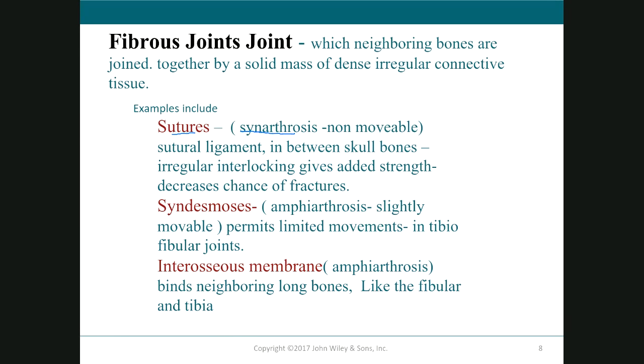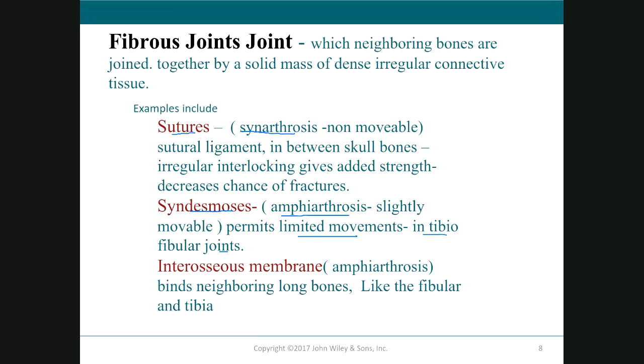The second one would be the syndesmosis. These are amphiarthritic joints, and they permit a small amount of movement. For example, in that tibiofibular joint, in order to move your foot internally and externally, you need to have a little movement at this syndesmosis region.